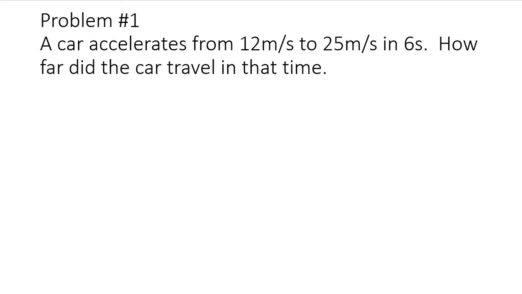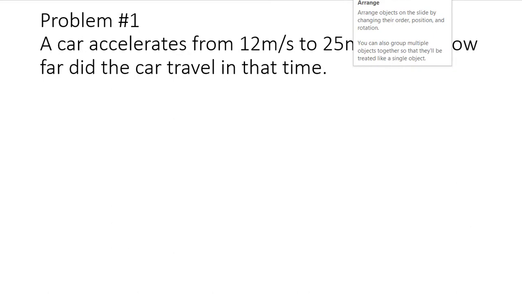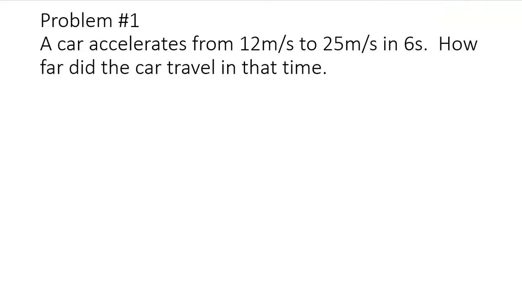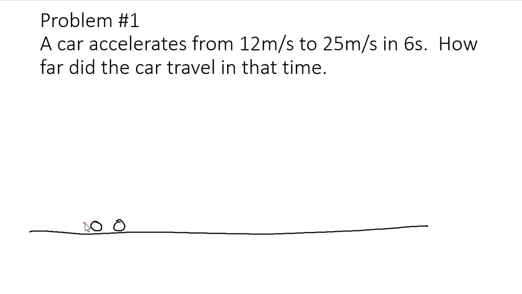All right, problem number 1. A car accelerates from 12 meters per second to 25 meters per second in 6 seconds. How far did the car travel in that time? All right, so I'm no artist, but I can certainly draw a road. Draw my car. I'll make my car red. Here it is.